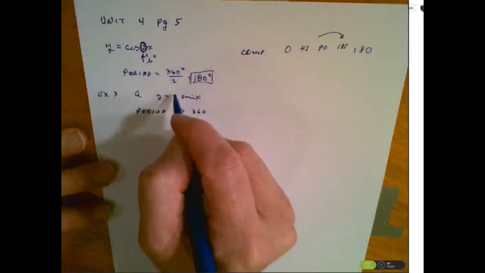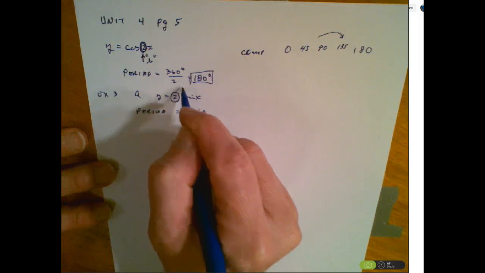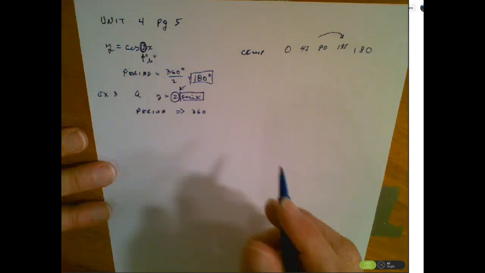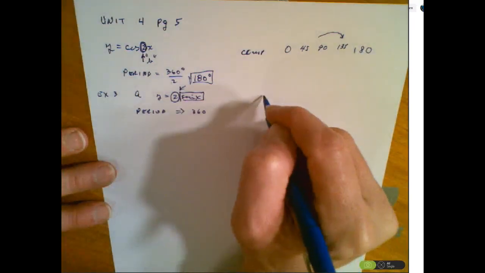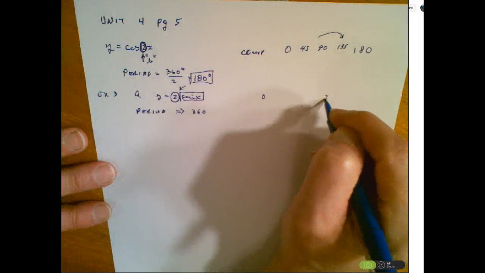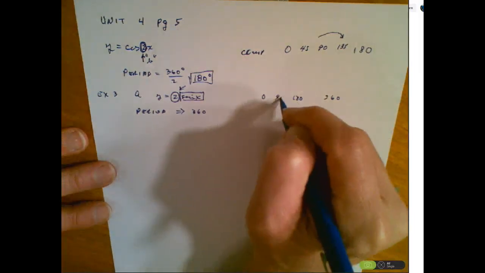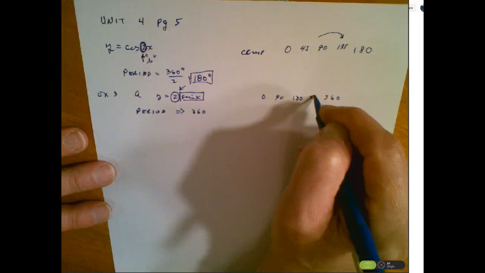Our amplitude is the absolute value of the coefficient on the outside of the trigonometric expression. So therefore our amplitude is 2, and our critical points would be then as follows. Just follow the procedure. 0, 360, take half, 180, take half, 90, add 90 and 180, you get your 270.